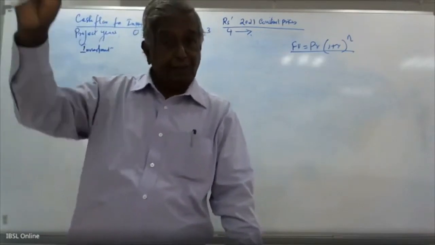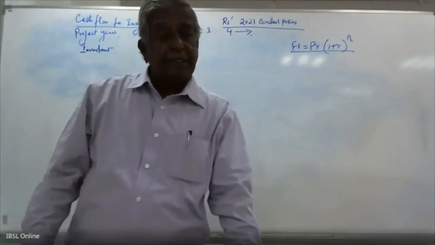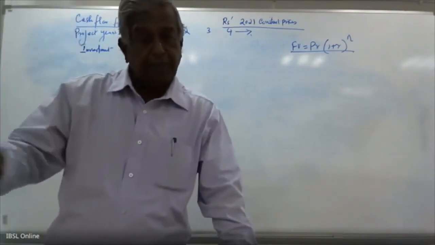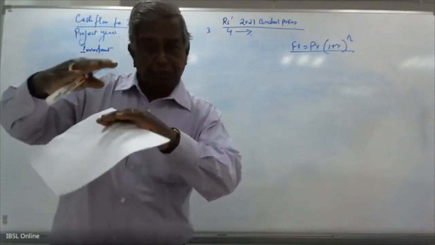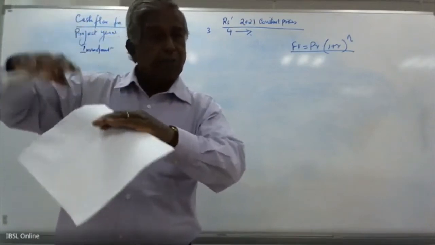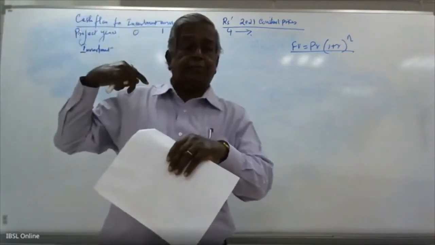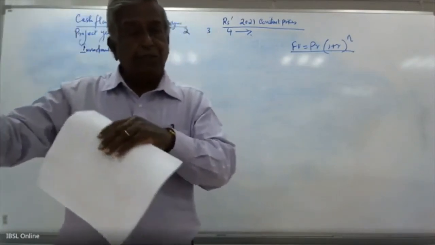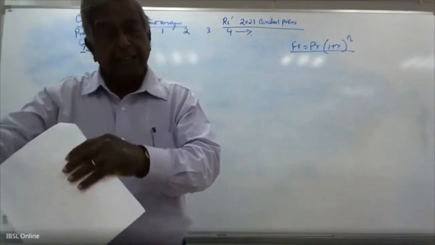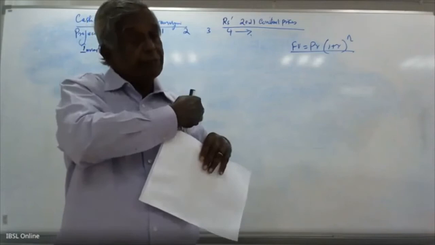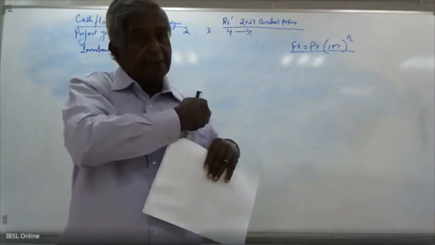There are increases and decreases, all those things. But here we bring it in a very short way. You would have done your financial cash flows. From there, we are extracting and preparing this cash flow for investment analysis.